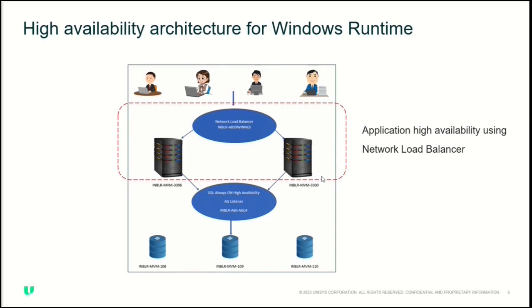Now let's understand how we achieve application high availability for AB Suite using network load balancer. When an end user sends connection request to our application, network load balancer would route the request to one of the runtime servers.